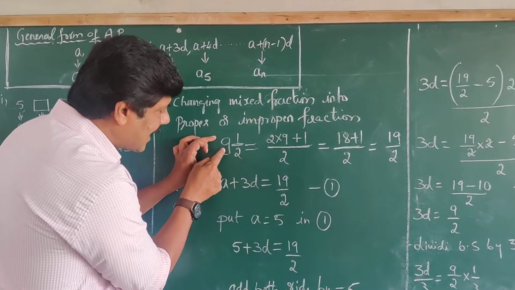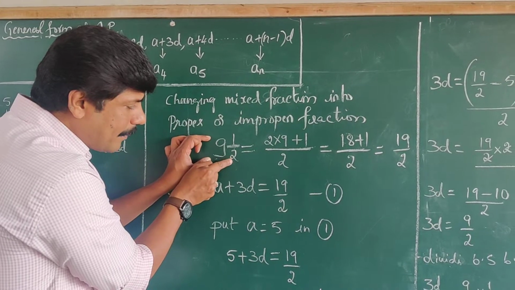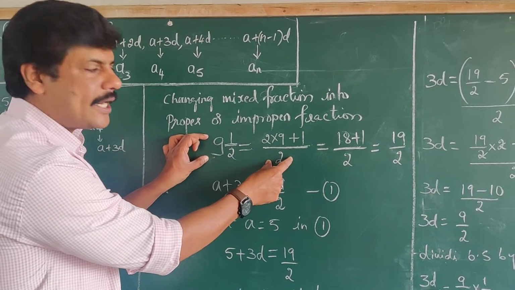It's very easy. Here 9 and a half is there. First keep the denominator as the denominator itself.